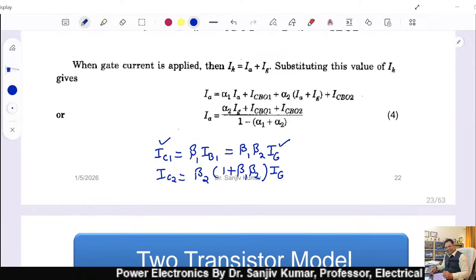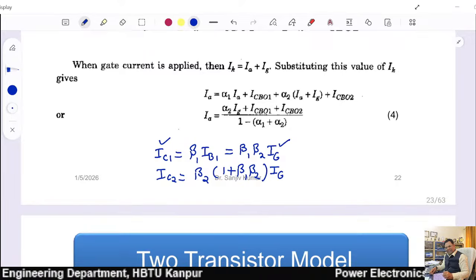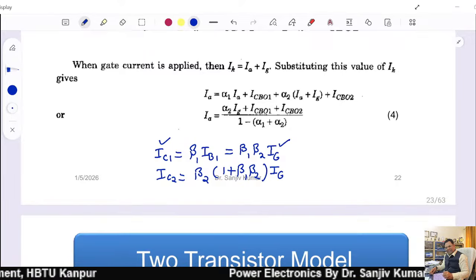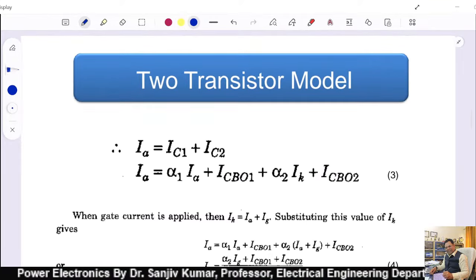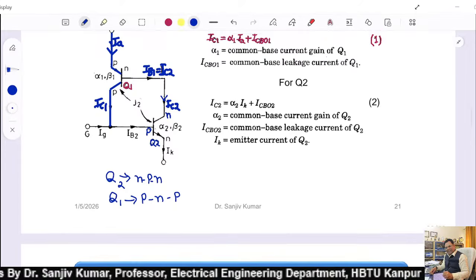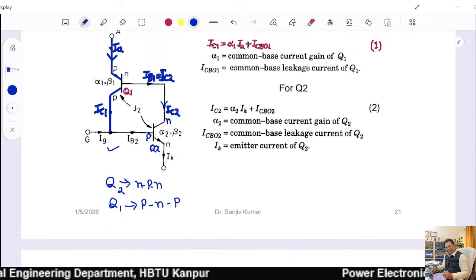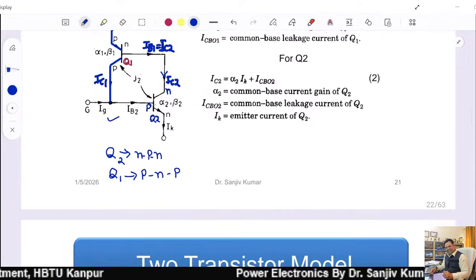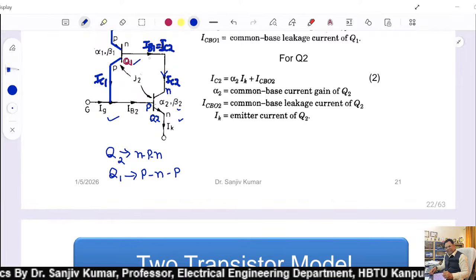Now if IC1 increases, then IC2 increases, eventually what happens? The base current of transistor 2 is IC1 plus IG. If you increase this base current, this collector current increases, and this collector current ultimately increases this current. Now what happened?